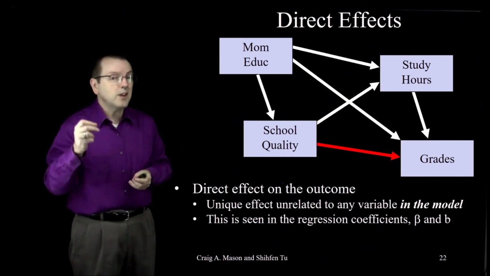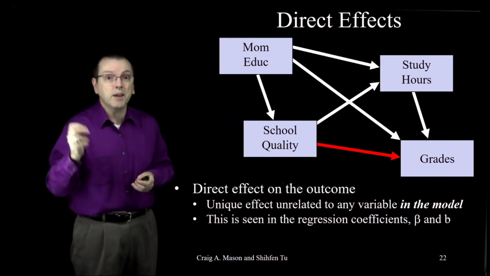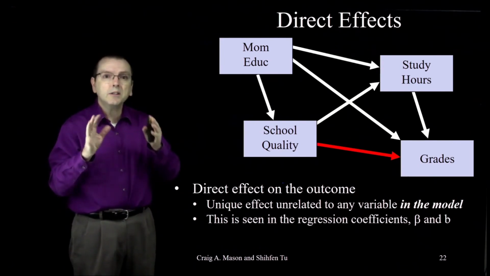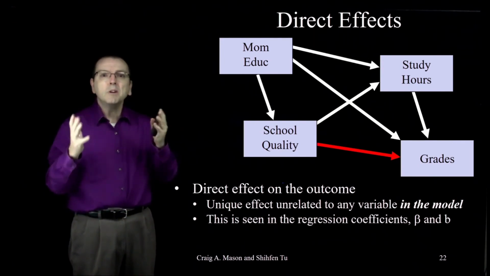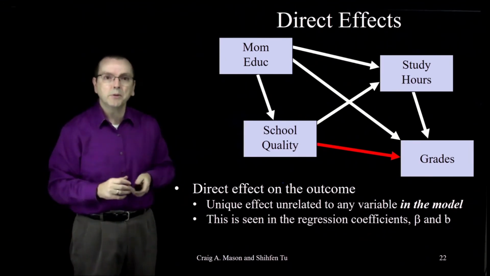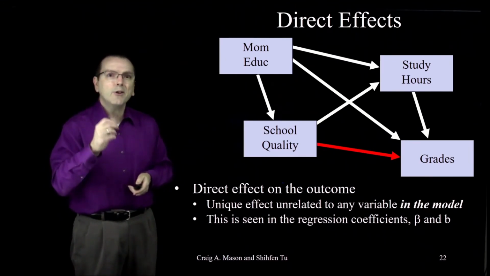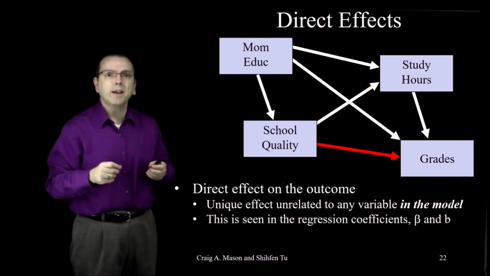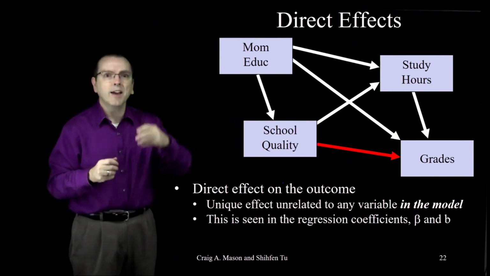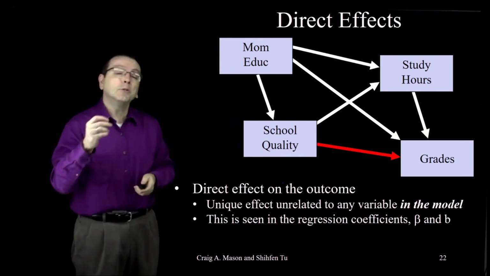Remember, our unstandardized regression coefficient B, our standardized beta, and the squared semi-partial all describe that unique effect that a variable has controlling for all of the other variables in the model. They're just doing it in different ways, talking about raw units, or talking about it in standard deviations, or talking about it in terms of variance.